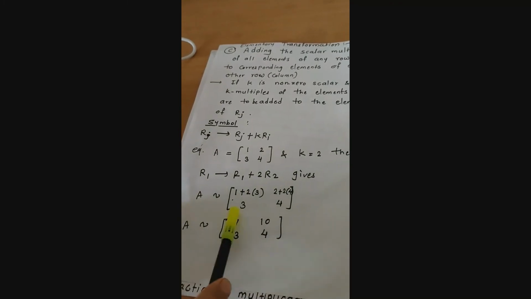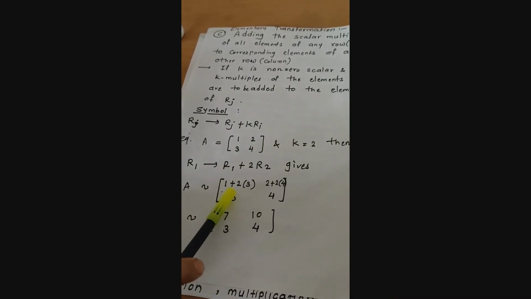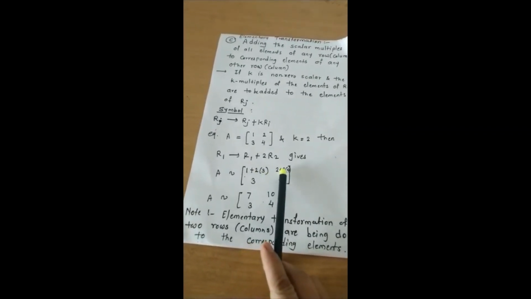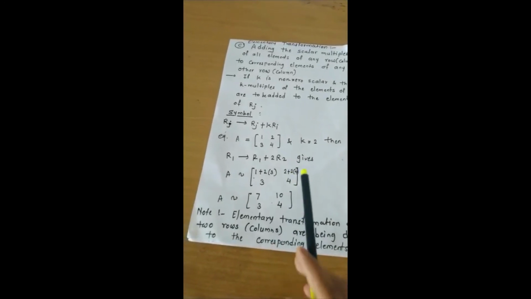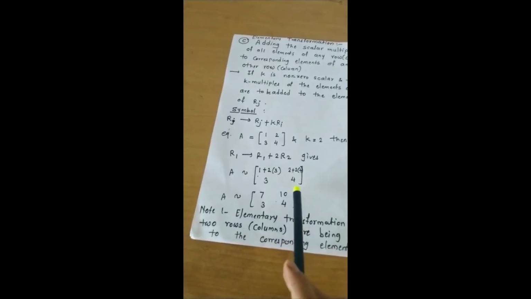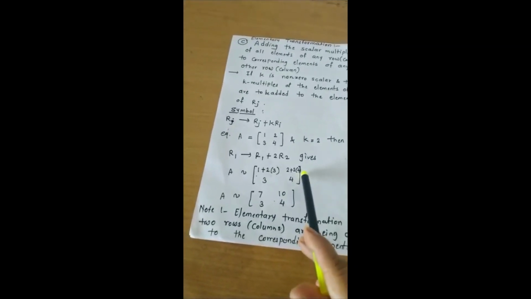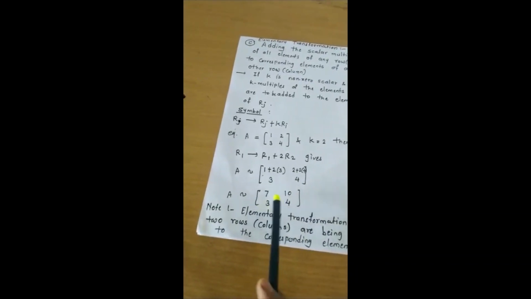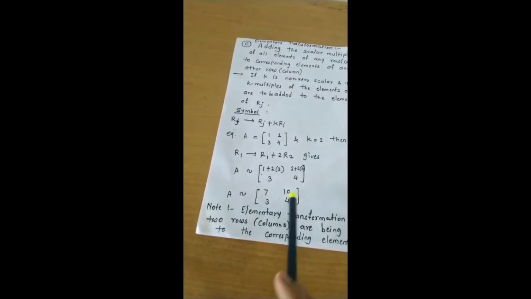The first element in R1 is 1 plus the first element in R2, 3, into 2. Similarly, we apply the same transformation on the second element in the first row: 2 plus scalar 2 into the corresponding element in row 2, 4. Then by calculating this we get the new matrix with the elements in the first row 7 and 10 and the second row as it is.